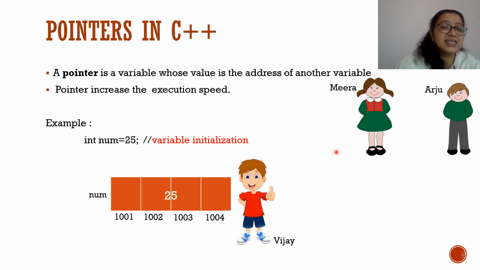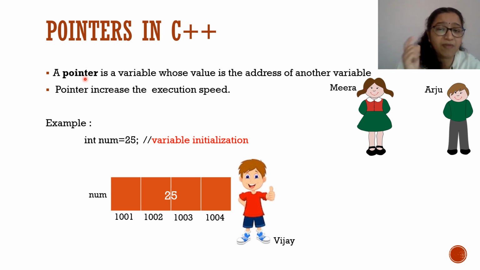Same like here also, a pointer knows the address of a normal variable. So the execution is very fast. How? The computer knows the correct location of the variable. Otherwise, if a pointer variable is not used, the computer has to search for that variable. Where is A? Where is B?